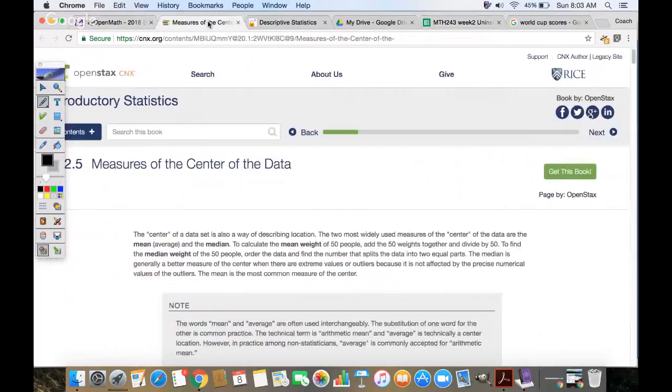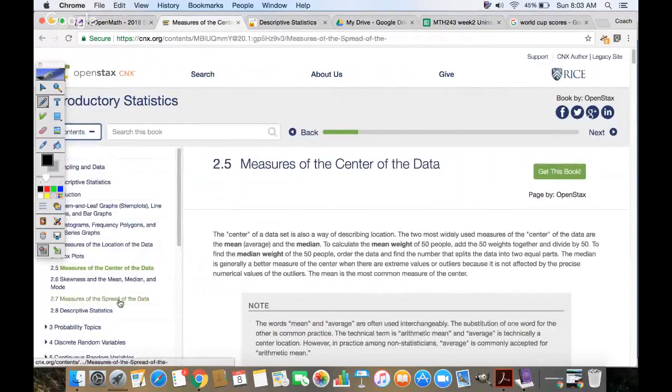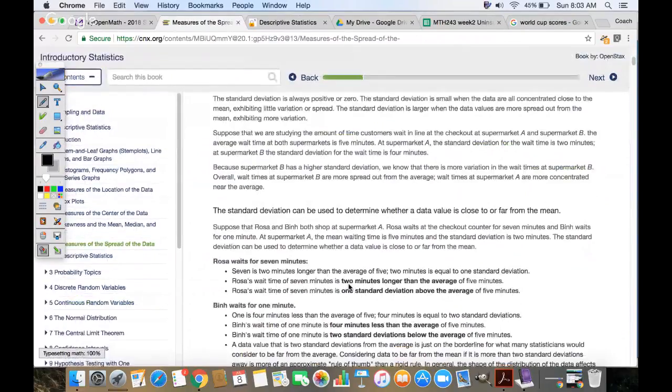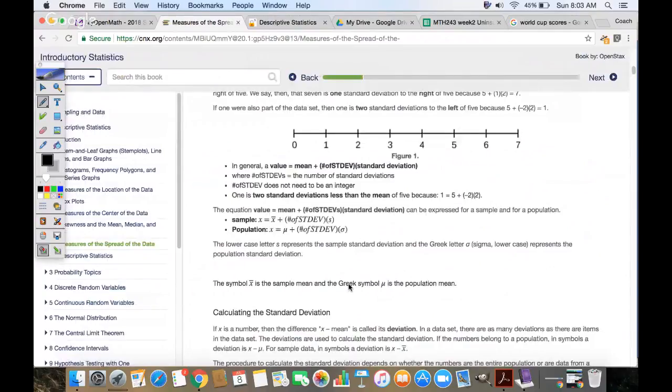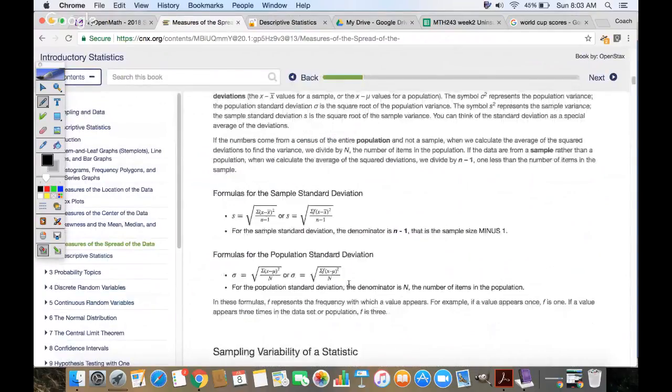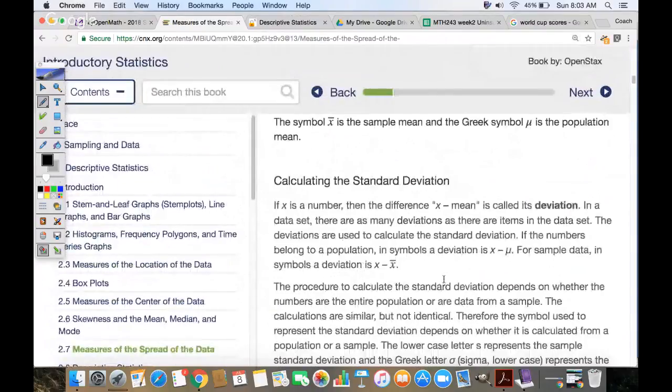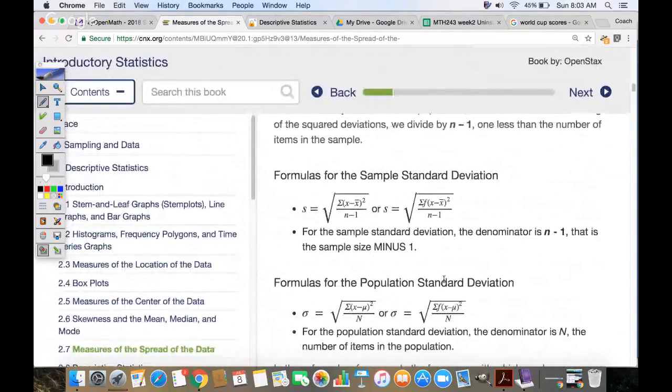So if you look in the book at the formula, so that would be in 2.7, you'll see it's got this wild and crazy formula. There we go. Blow that up a little bit. And you really don't need to know the formula.